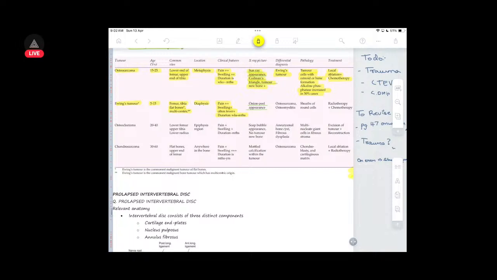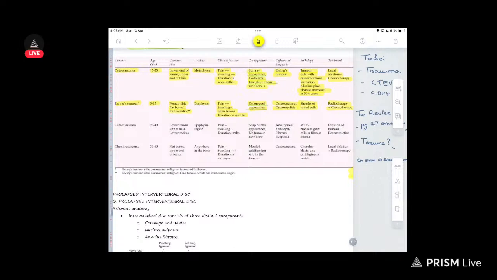Same as osteosarcoma, but there is often fever. Onion peel appearance, whereas it was sunray appearance there. The differential may be osteosarcoma or osteomyelitis. There are sheets of round cells, and radiotherapy and chemotherapy need to be provided in Ewing's tumor, which affects the diaphysis.